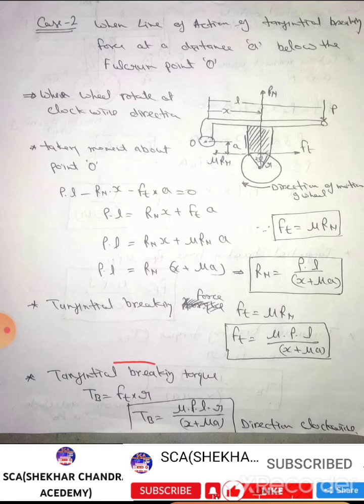So here TB is Ft into R. Now the value of Ft is put into the tangential braking torque equation. So we can obtain tangential braking torque as mu into P into L into small r upon X plus mu A.